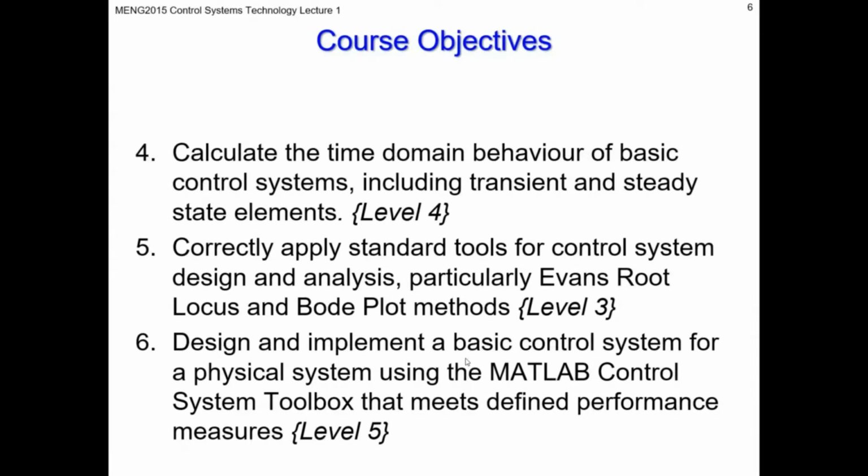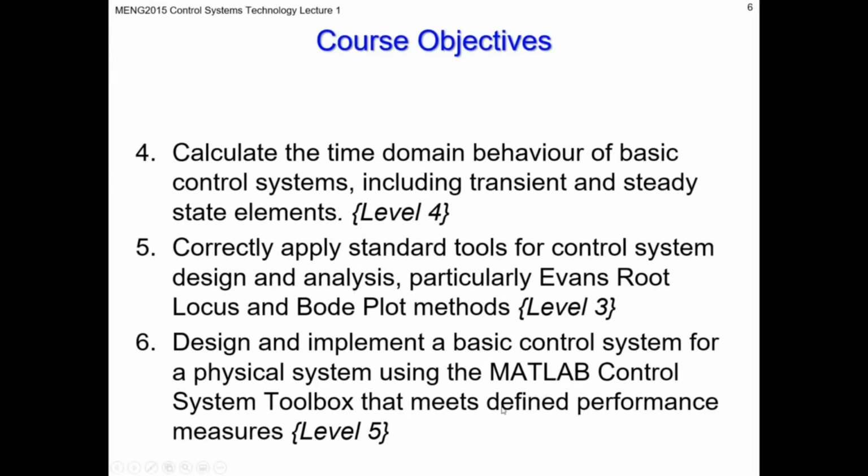How does the system respond? How long does it take to get to, say, within a few percent of its final value? Does it have overshoot? Does it oscillate? You can actually quantify those different responses, and based on those responses, that indicates how well your control system is performing and how well it does what it's intended to do.